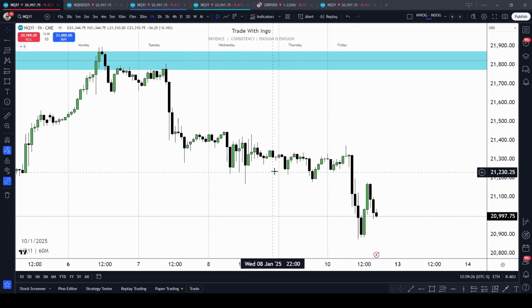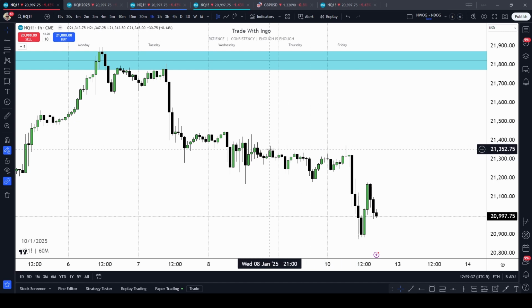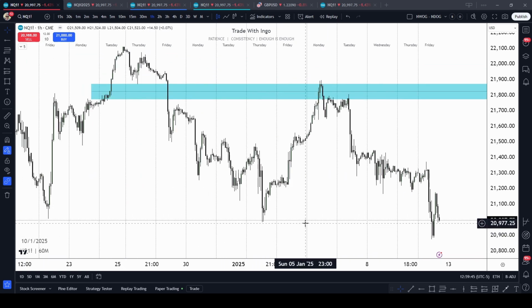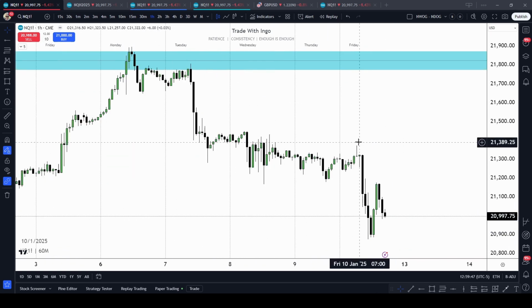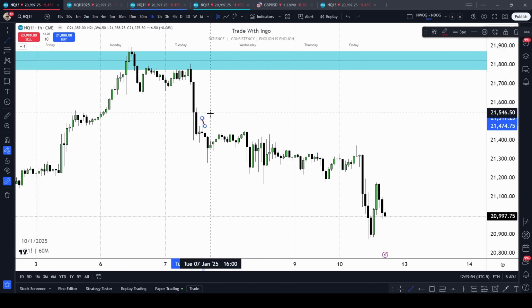On the hourly chart, we can see that Friday, prior to the NFP release, which was during this large candle, we took the buy side above previous day high, and we went all the way down into previous week lows over here. But now we have basically a beautiful trend line retail is probably using.